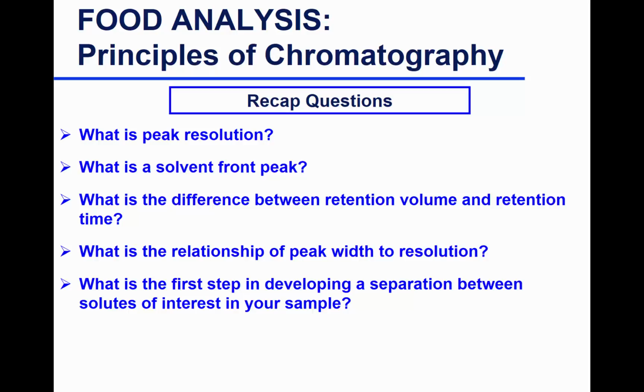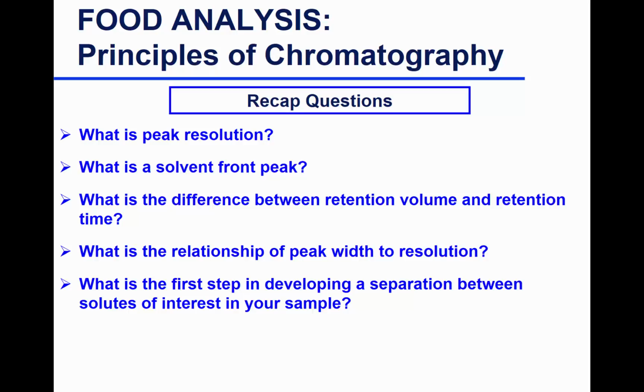What is the first step in developing a separation between solutes of interest in your sample? So you have a mixture of, like we said last time, carotenoids, and you want to separate them. What's the first thing you want to do? See if there's an SOP. Yes. See if your lab has a standard operating procedure, and if not, what do you do? Go to literature.